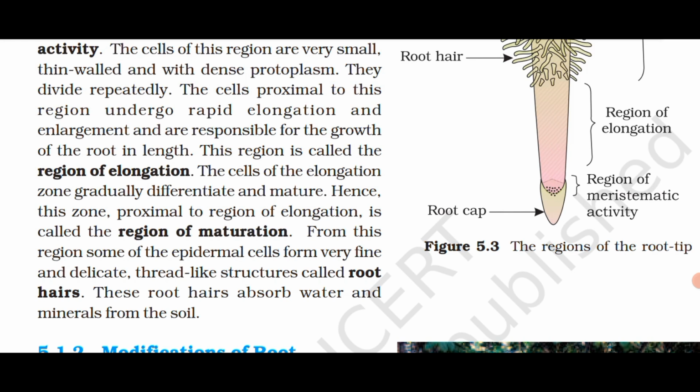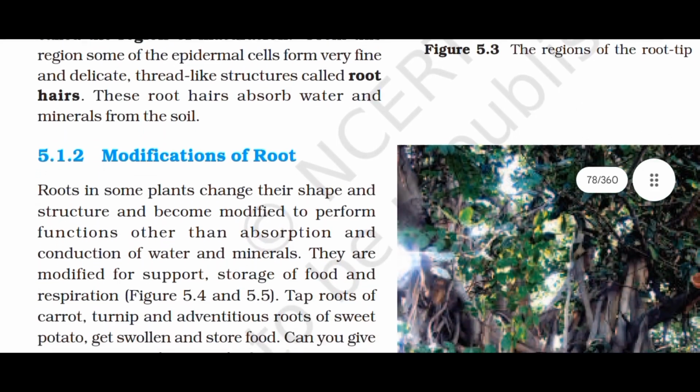Hence, this zone, proximal to the region of elongation, is called the region of maturation. From this region, some of the epidermal cells form very fine and delicate thread-like structures called root hairs. These root hairs absorb water and minerals from the soil.